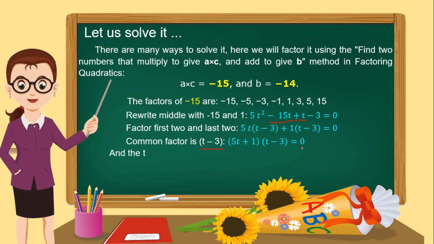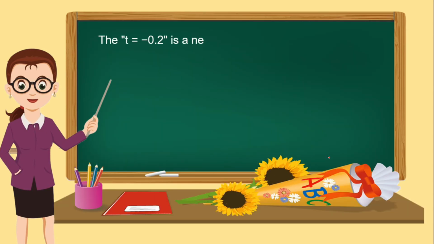So the two solutions are 5t plus 1 equals 0 or t minus 3 equals 0. To solve it, we have t equals negative 0.2 or t equals 3. The t equals negative 0.2 is a negative time.